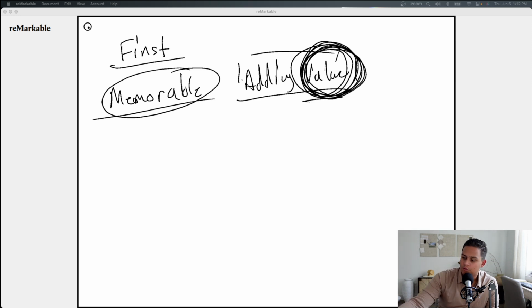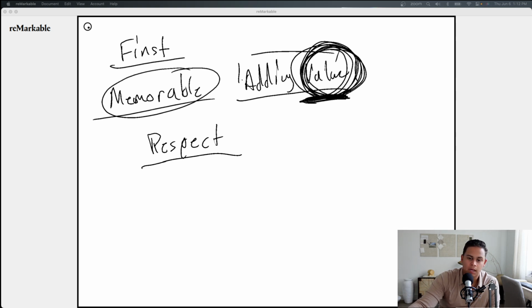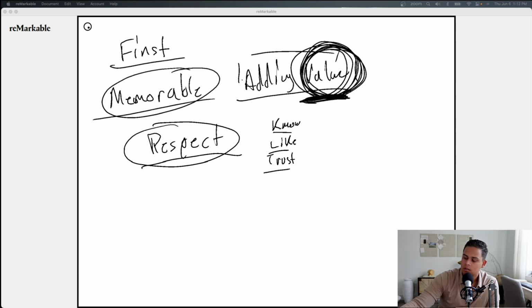Right? So if we add the most value, we're going to gain what we love to call respect. And if we gain respect, the goal is to get someone to know, like, and trust us with our advertising. So if we gain the respect, they know us. They respect us.